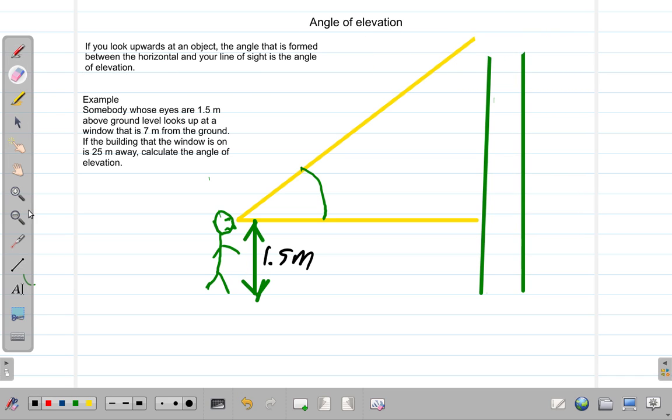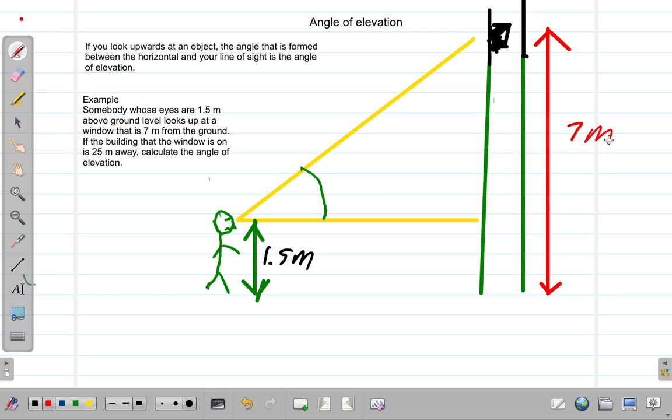Let's imagine that we have the building here and the window that you're looking at is somewhere up here. This is your window, and that window is 7 meters above the ground. So let's say this height is your 7 meters.